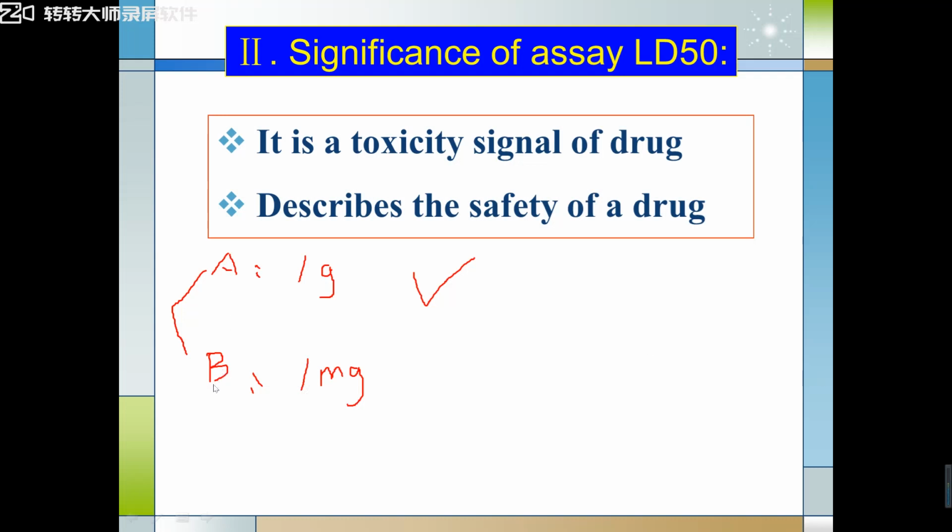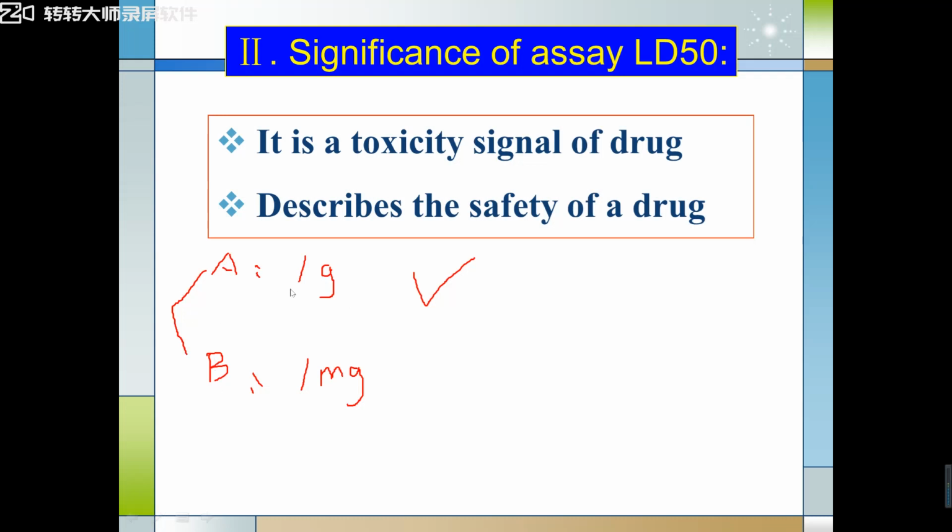So compared to A drug, with B drug we use low doses to lead to 50% dead, and with A drug we need large doses to induce animal death. So that means A drug is safer than B drug.